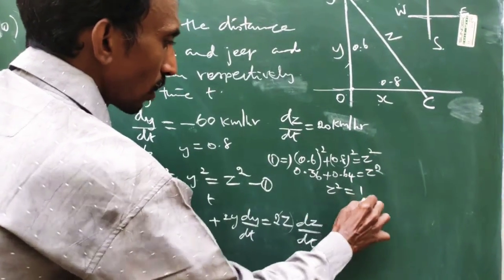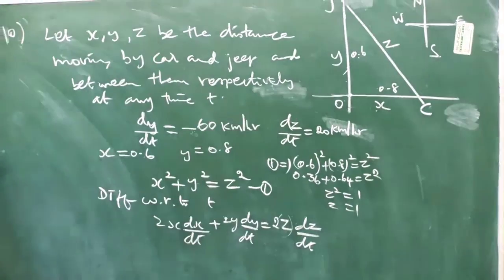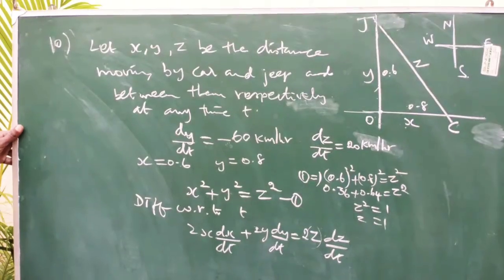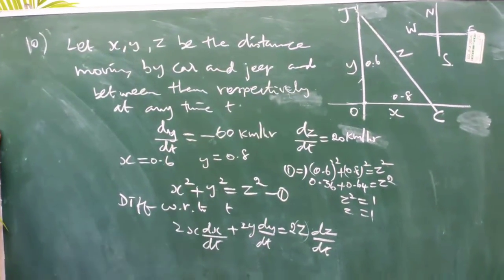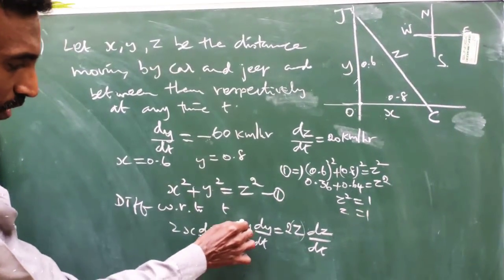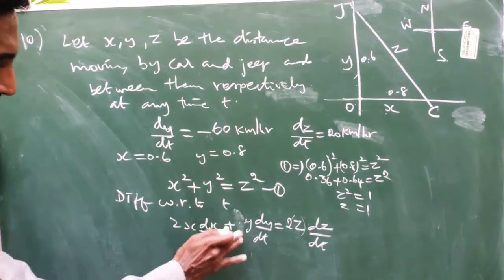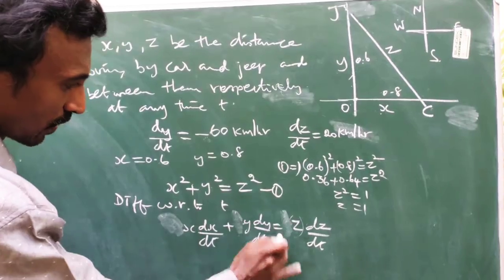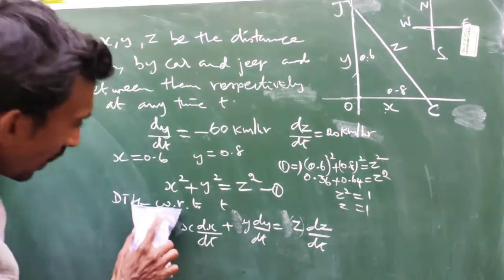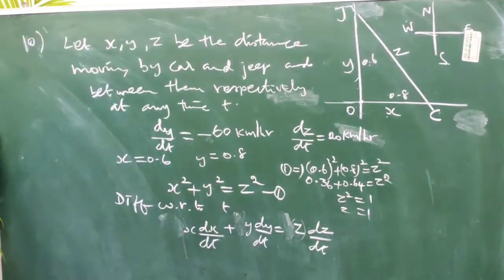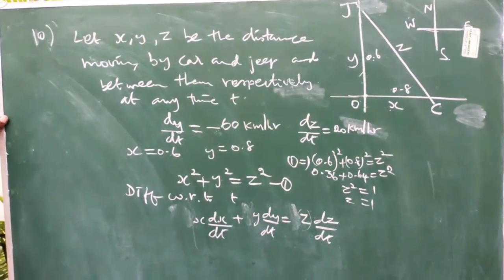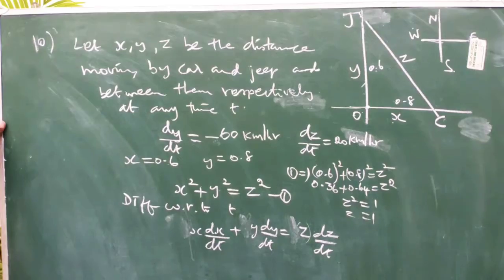So z square equal to 1, z is also 1. So find out the z value initially. Now put the known values here. We can take the 2 common and cancel it. We get x into dx by dt plus y into dy by dt equal to z into dz by dt.